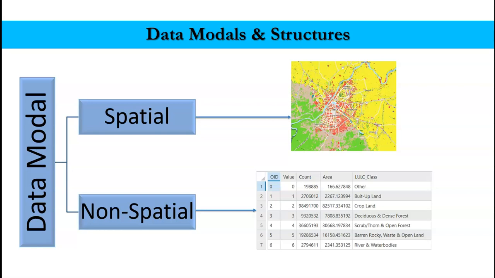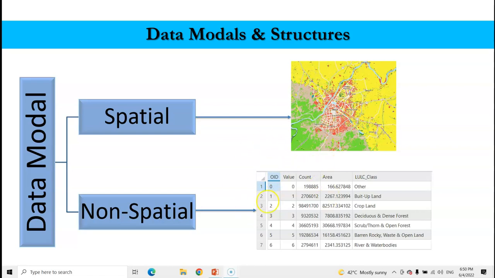As we discussed, we have 2 types of data models, spatial data model and non-spatial data model. For the spatial data model, you can see the picture here. This is an LULC map. This is just reflection values. We convert digital numbers to classifications, then we give classes like different land use, land cover classes. The yellow is showing cropland areas and red is showing settlements or city or urban areas or village areas.